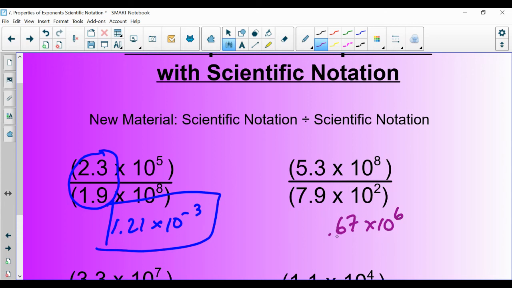Now this number has to be between 1 and 10, and it isn't right now, so we're going to move the decimal place to fix that. So it would be 6.7 times 10. We had to increase our number, right? The number was too small. We had to increase it, and so when we increase it here, we're going to have to decrease the exponent. So it would be 6.7 times 10 to the 5th.